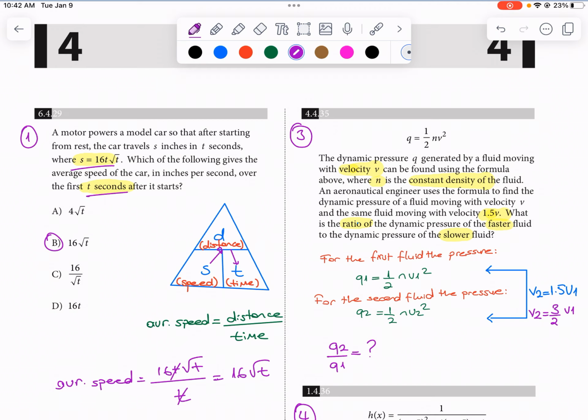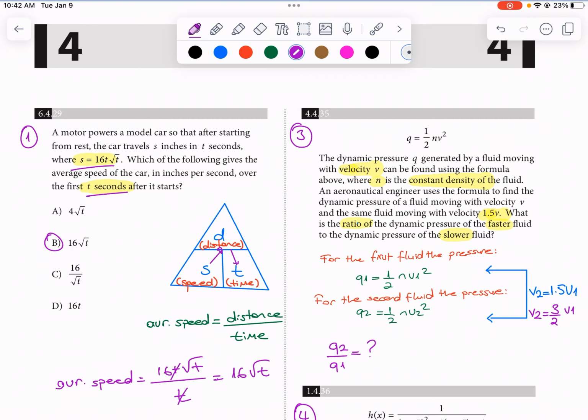The other one is Q2 is equal to 1 over 2 N times V2 squared. So what do we know for the second case? The velocity is 1.5 times the first velocity, which means V2 is equal to 1.5 V1, or if we use a fraction, V2 is equal to 3 over 2 V1.